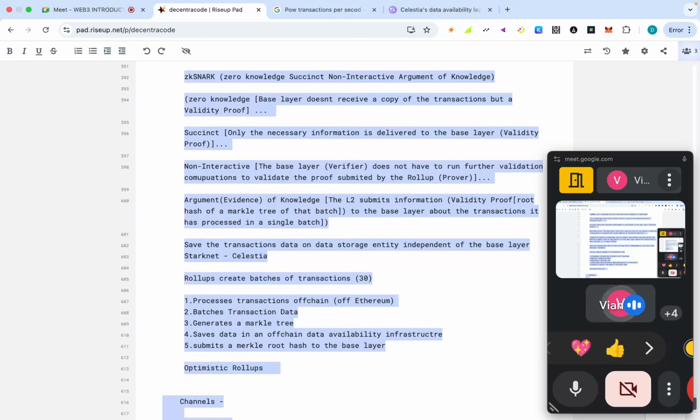So it serves data in an off-chain data availability infrastructure and then submits the Merkle root hash to the base layer as a transaction validity proof.